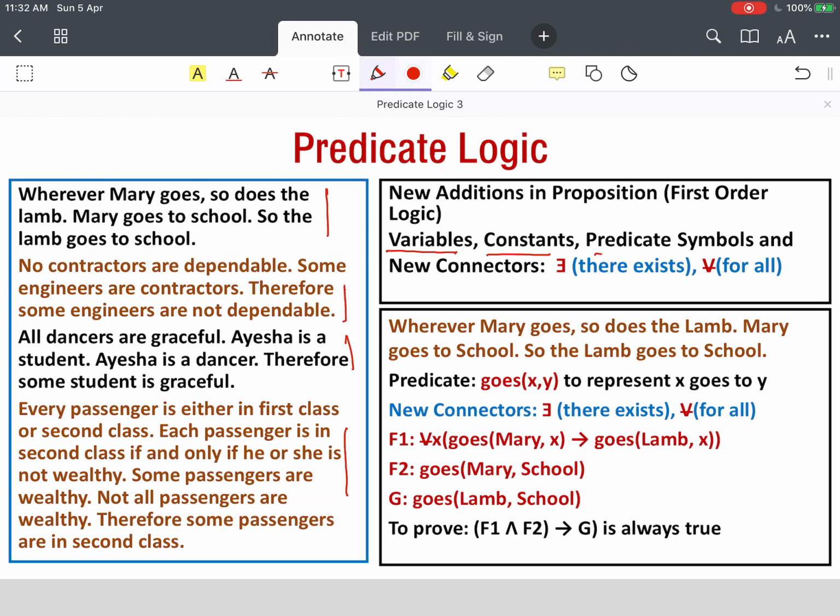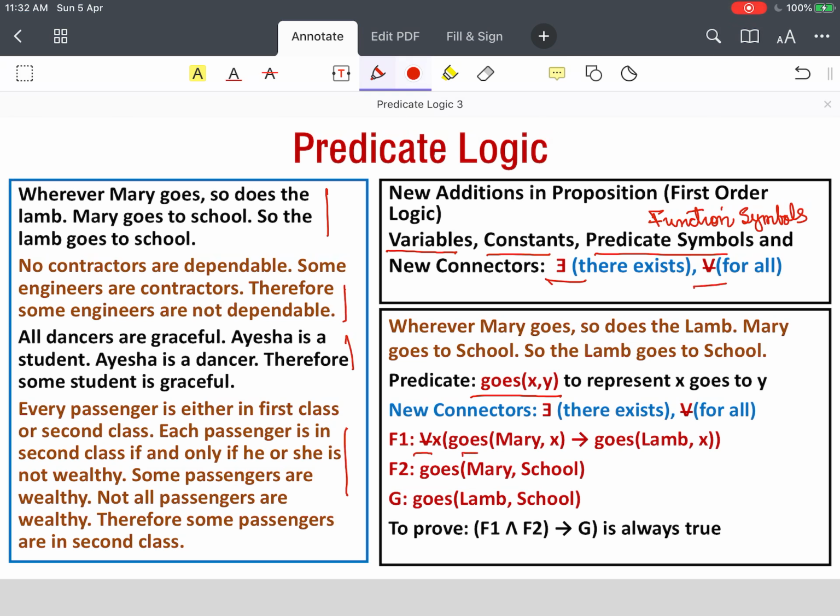We said that in predicate logic we have variables, constant symbols, predicate symbols, and function symbols. And we had 2 new connectors, there exists and for all. And we showed how this first example was coded.